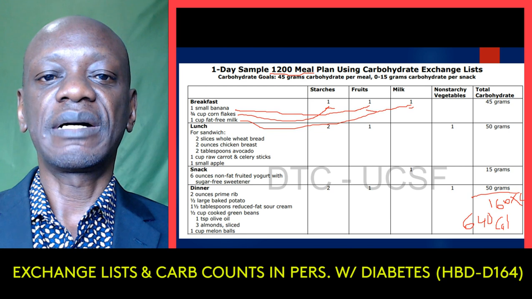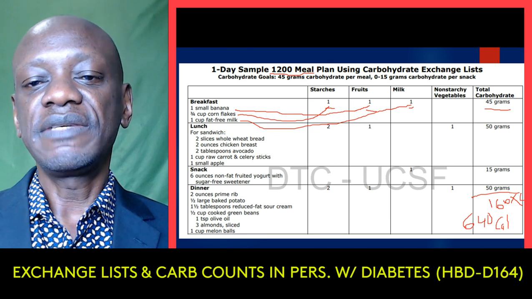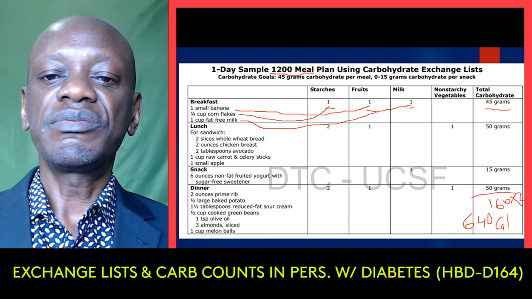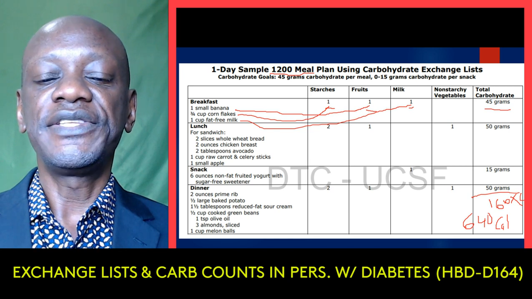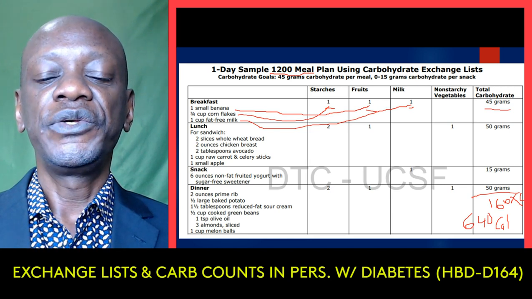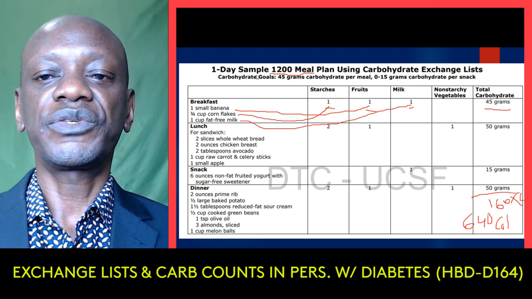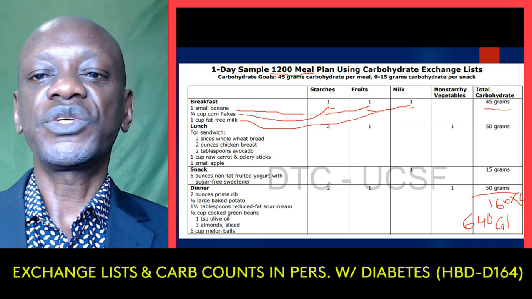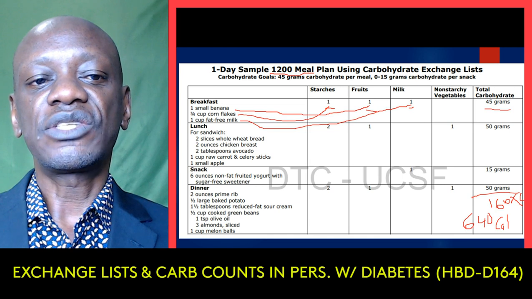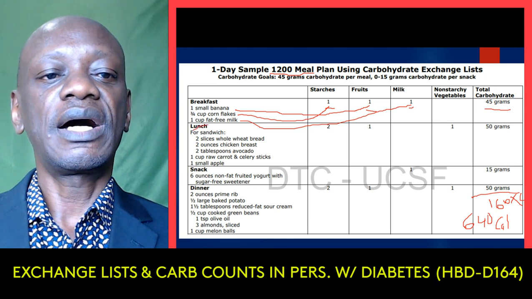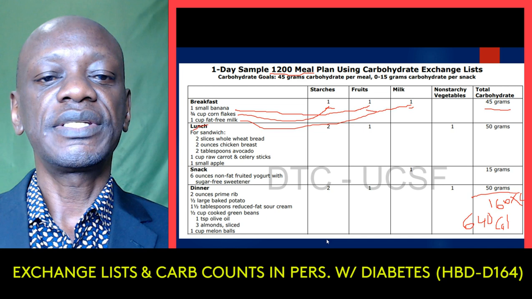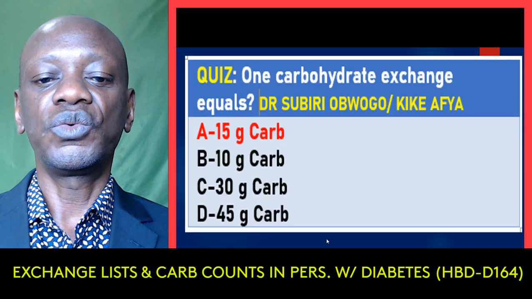Now 3 times 15 gives you 45 grams. So remember, if you maintain this in terms of your eating plan, your blood sugars are stabilized without so many fluctuations. And if you're looking to lose weight also, then it's easier to lose weight. The same thing happens for lunch, snack, and dinner. So that's how you work out a meal plan.